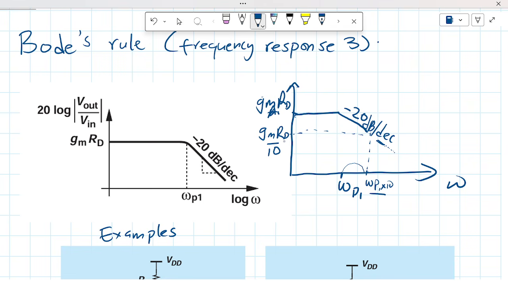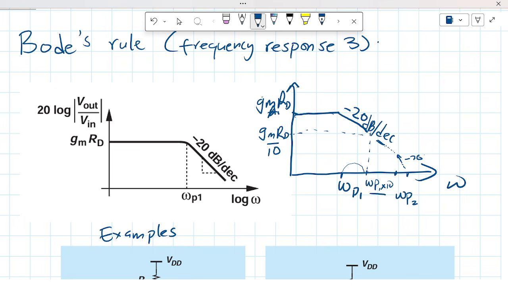Now, if we come across another pole frequency, assuming the system has two poles, we call that pole frequency 2, then the slope will further reduce by another minus 20 decibel per decade, which will be a total of minus 40 decibel per decade from the original. But what if we reach a zero frequency? Then the opposite would happen. Remember, zero frequencies are meant for the gain to increase.